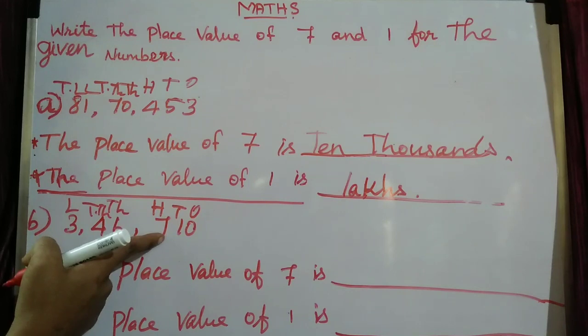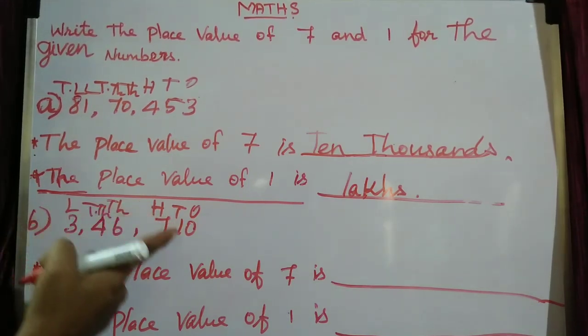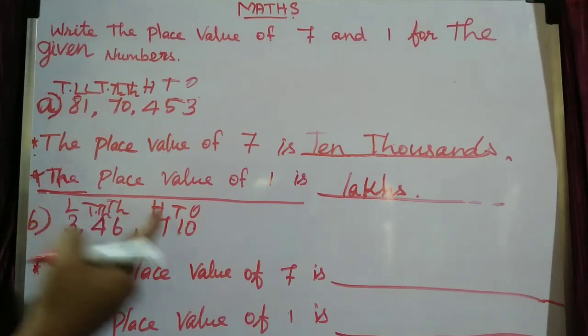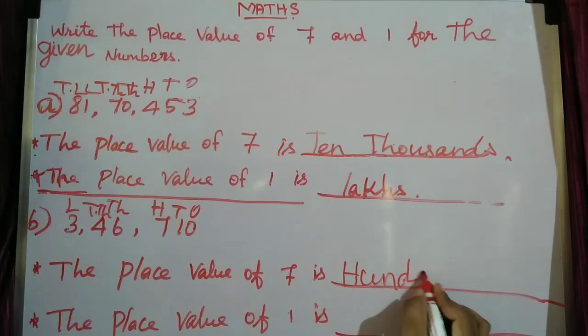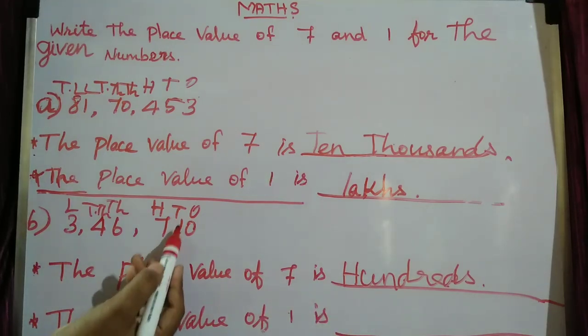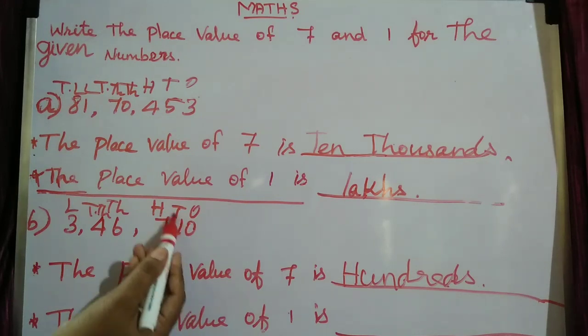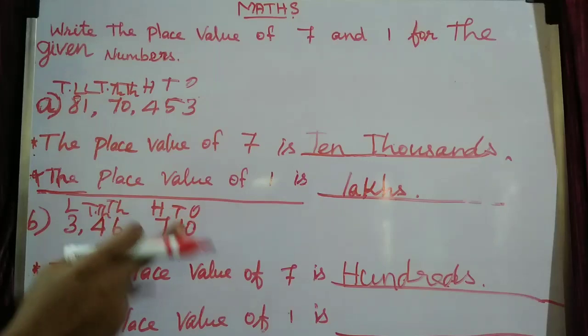The 7 occurs in the hundreds place. So 7 into 100, 700. The place value is hundreds. The place value of 1 is dash. The 1 occurs in the tens place. 1 into tens. So the place value is tens.